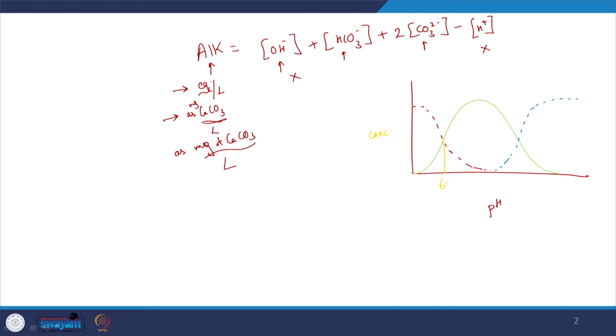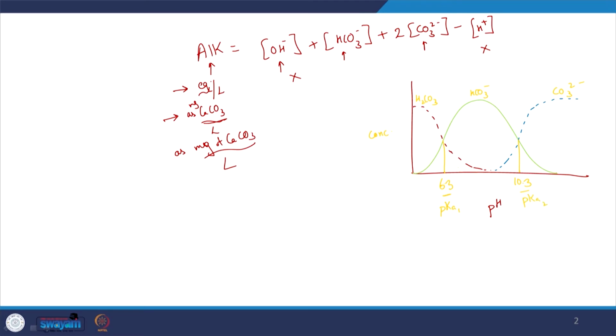This is 6.3, pKa1, because it's diprotic H2CO3, right? This will be 10.3. So below 6.3, H2CO3 will predominate. Between 6.3 and 10.3, HCO3 minus will predominate, and above 10.3, CO3 2 minus will predominate, right? Above a pH of 10.3. These are the two pKa values, pKa1 and pKa2, acid dissociation constants.